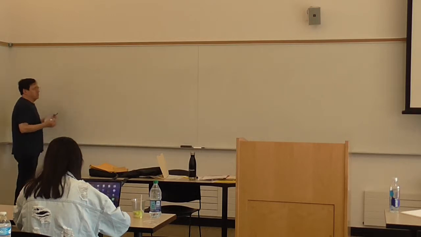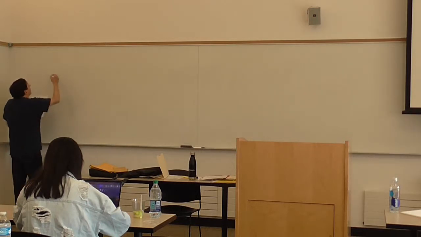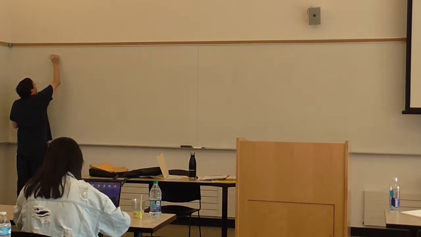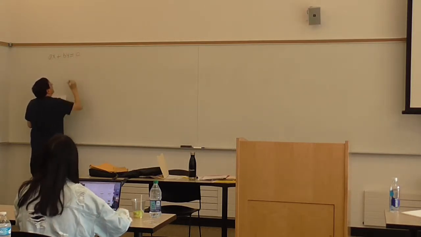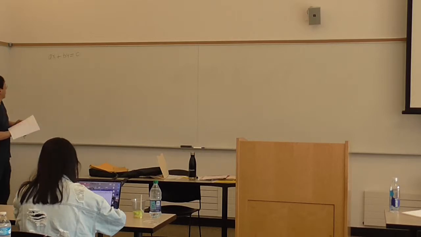When we talk about the equation of a line, we're talking about an equation in the form ax plus by equals c. But this is not my favorite form of this equation.